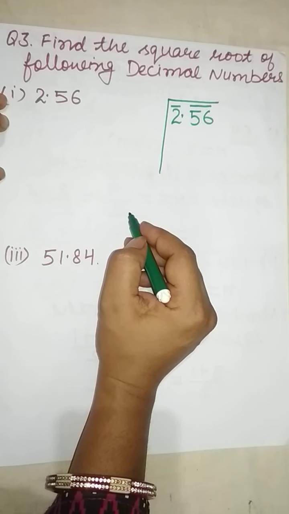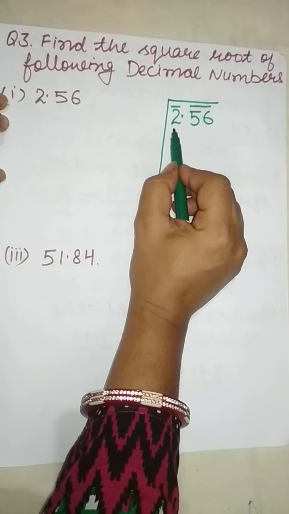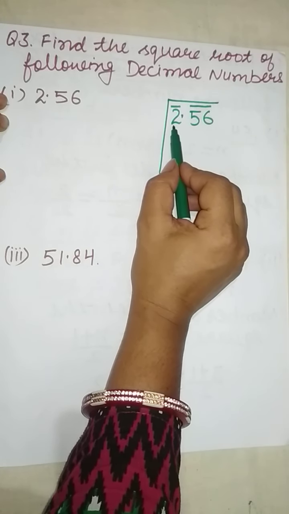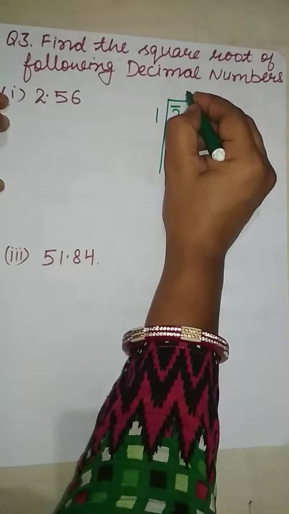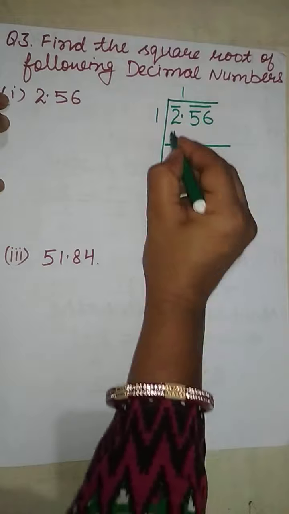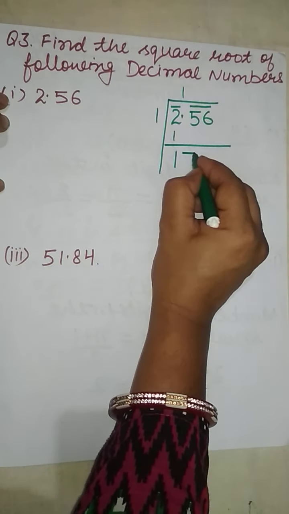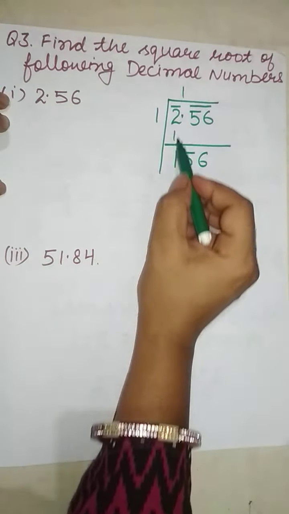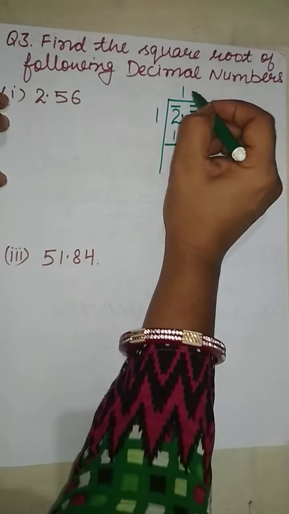And after that, the very first step as usual, the nearest square number to 2 is 1. Square of 1 is 1. I'll write 1 here. 2 minus 1 is 1 and I'll carry the next pair, that is 56. Now after 2 there is a decimal and I'll simply put the decimal here.